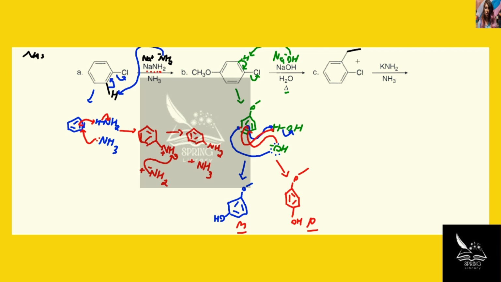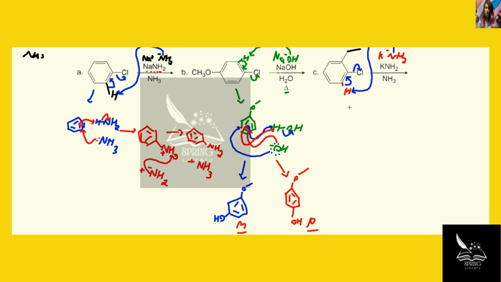Now, what about this example here? Once again, we have a strong nucleophile, NH2 minus. We have this chlorine here and this acidic proton here. We know that this NH2 minus is going to pick up that proton, making an alkyne bond.